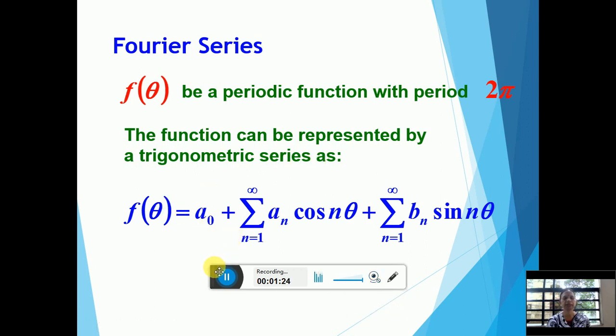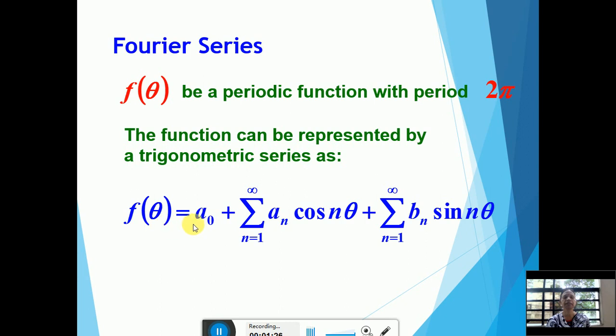Mathematically, the equation can be written this way: f of theta is equal to a0 plus summation a n cos n theta, where n is running from 1 to infinity, plus b n sin n theta, where n is running from 1 to infinity. So that means it consists of a constant term, cosine terms and sine terms. This is how any given expression is expressed.